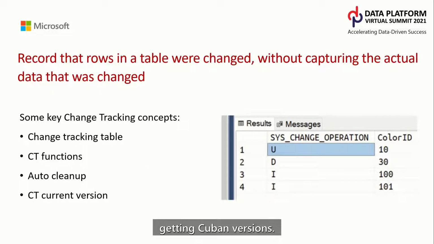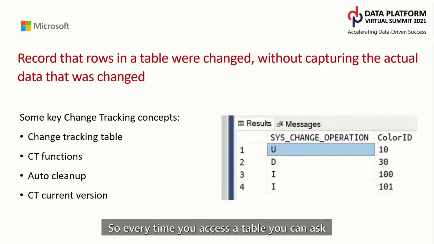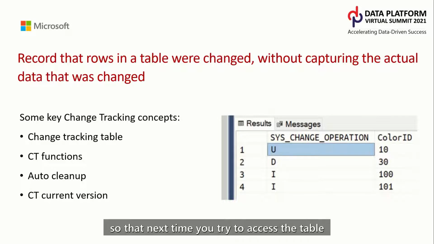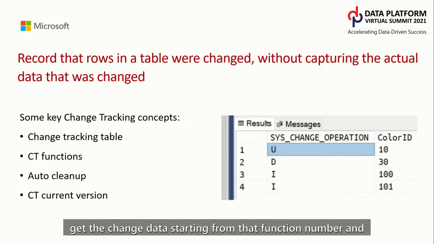So every time you access a table, you can ask for the version number active at that moment. And you must keep that version number safely stored somewhere so that next time you access the table again, you can ask Azure SQL to only get the change data starting from that version number and onwards.